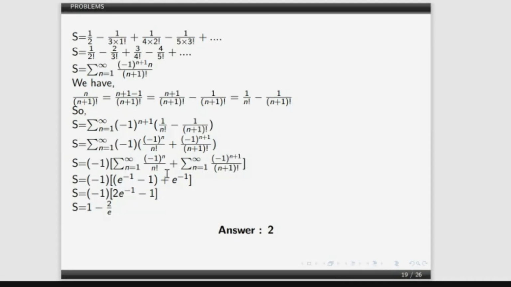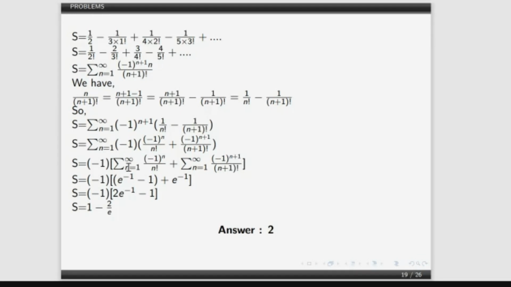So here if I look, it is holding from 1 onwards. When it is e power x, its expansion is the series n equals 0 to infinity of x power n by n factorial. But here it is from 1 onwards. Right. That is, my value ranges from minus 1 power 1 by 1 factorial, plus 1 by 2 factorial, minus 1 by 3 factorial, etc. So I am missing a 1 there.